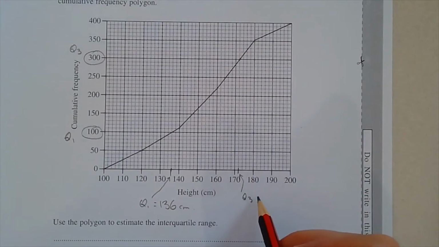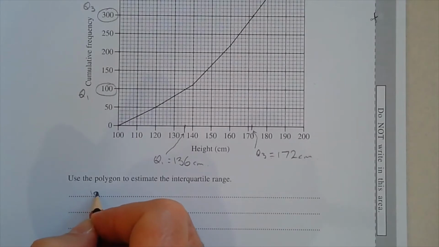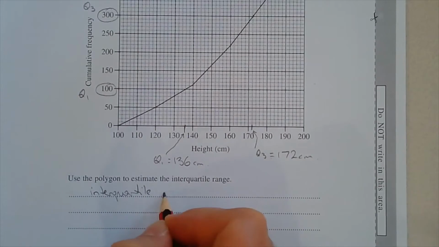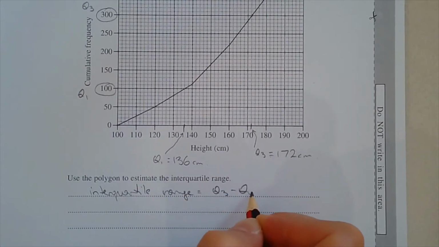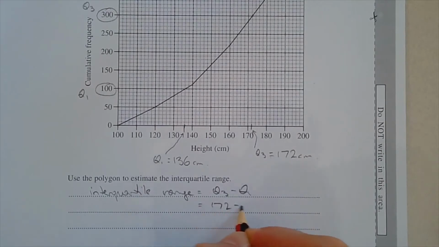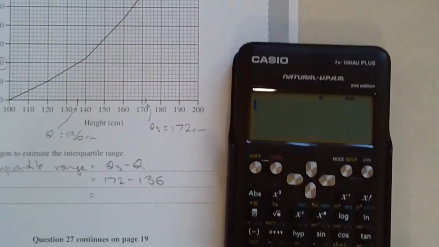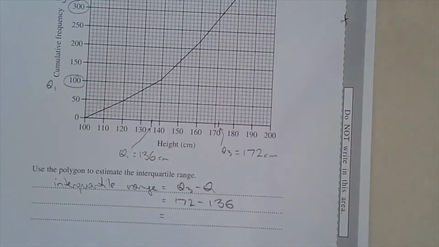And Q3 is 172. Okay, so the interquartile range is equal to Q3 minus Q1, which is equal to 172 minus 136. So 172 minus 136 equals 36 centimeters.